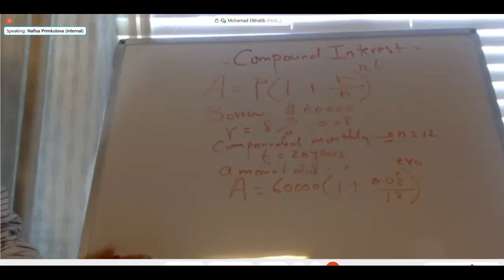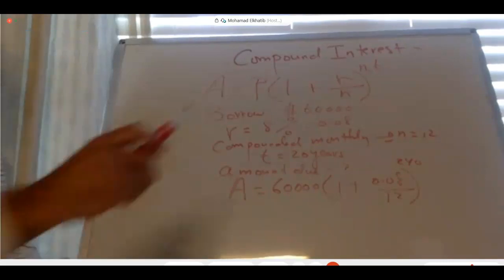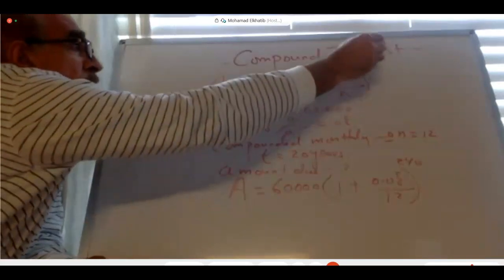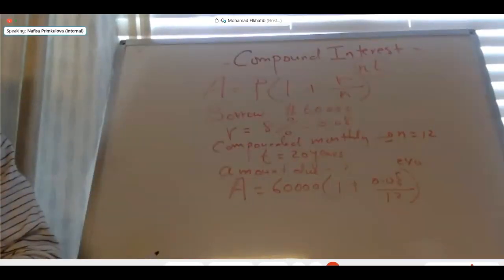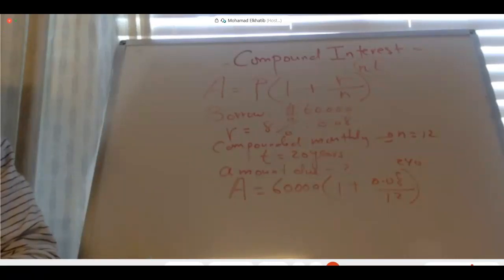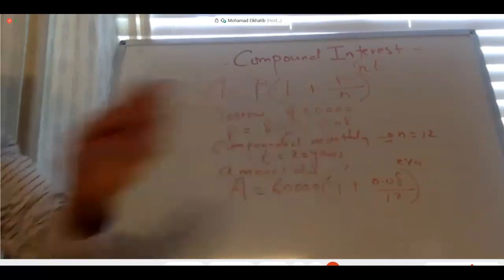No. We did not divide 12 by 20. Okay, just relax. Look at the formula. What does this formula say right here? N is how many times it's compounded times T. NT. Two letters. N is 12. T is 20. 12 times 20 gives me 240.